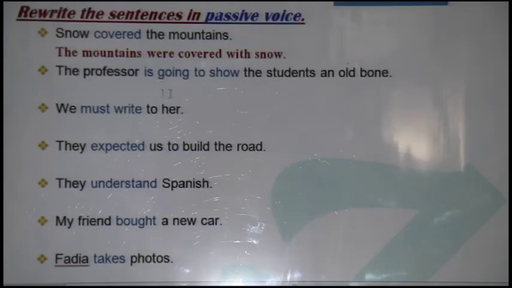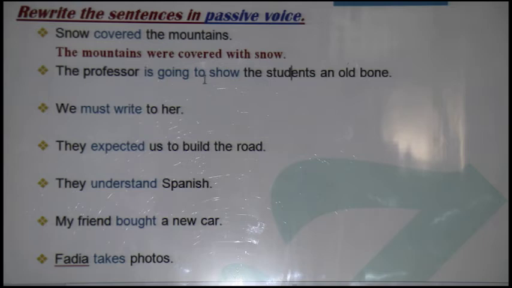Now the professor is going to show the students an old bone. Here we are talking about future. So here the students is a direct object, okay? Pay attention, subject-verb agreement again. The professor is, the students are going to what?